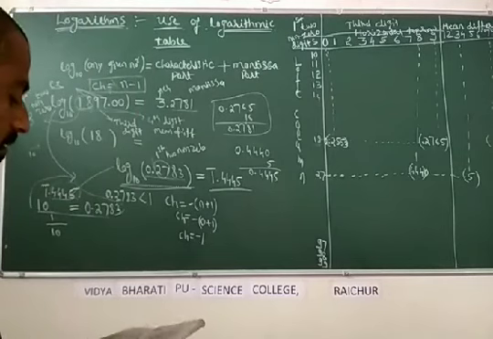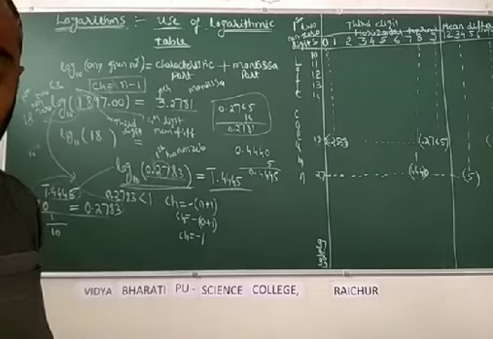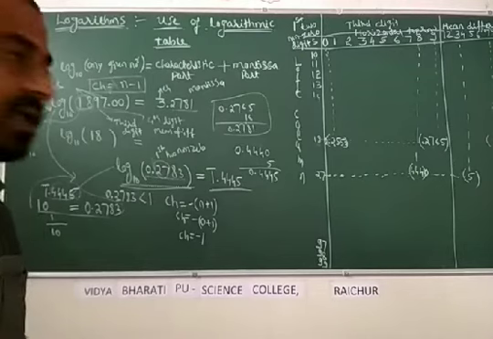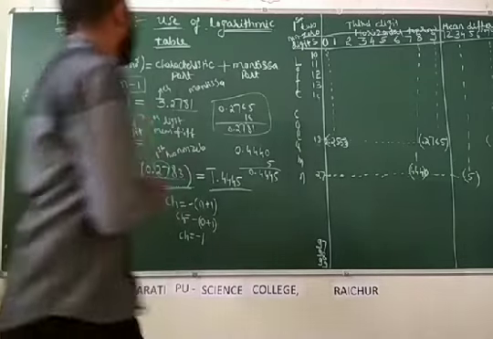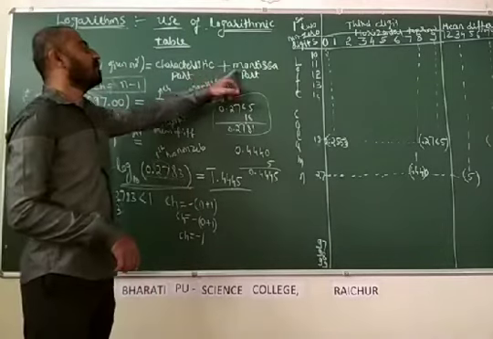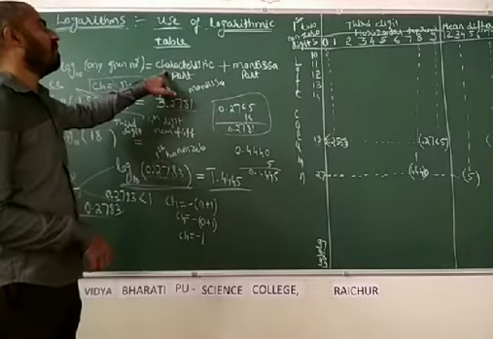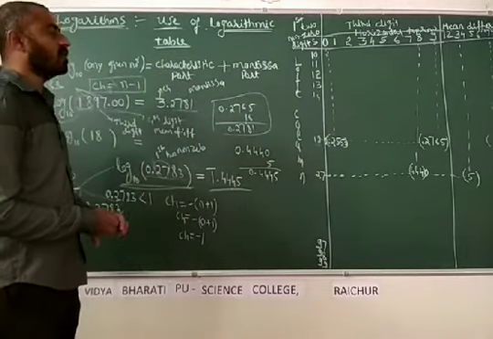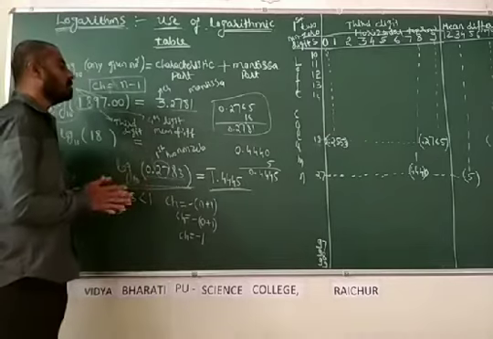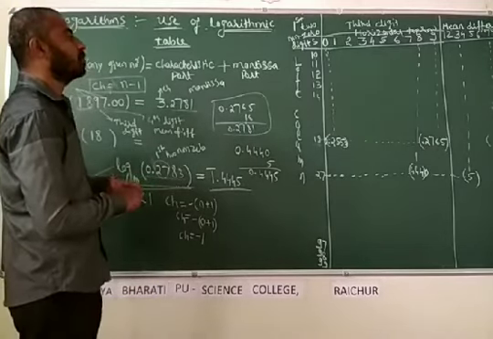I think you followed this so far: how to find the logarithmic value of a given number. The logarithmic value of a given number consists of two parts, characteristic and mantissa. Characteristic can be found by the method of inspection by following the two rules: ch is equal to n minus 1 and ch is equal to minus of n plus 1.